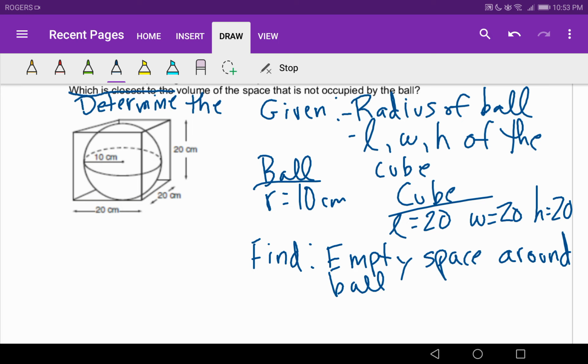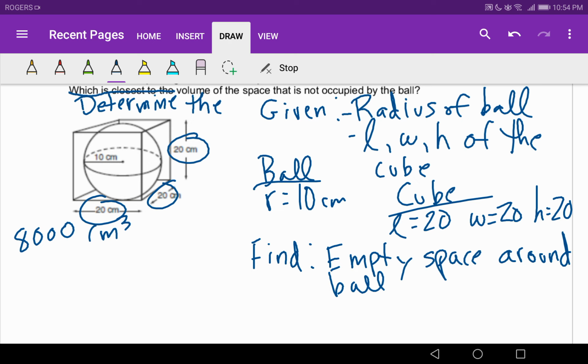Well, I'm going to say that, first off, the volume of the cube, 20 by 20 by 20, right, is 8,000. All right, so I'm going to say that the empty space is going to be much smaller than 8,000, right? Because I know that the volume of the cube is going to be 20 times 20 times 20. And that's going to end up being 8,000 centimeters cubed.